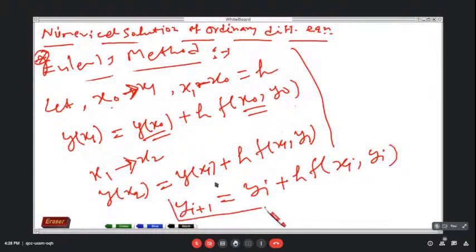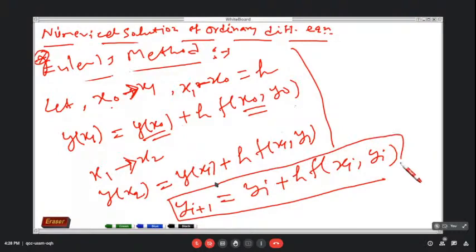This is the general formula to be used in these calculations, and this formula is known as Euler's formula.